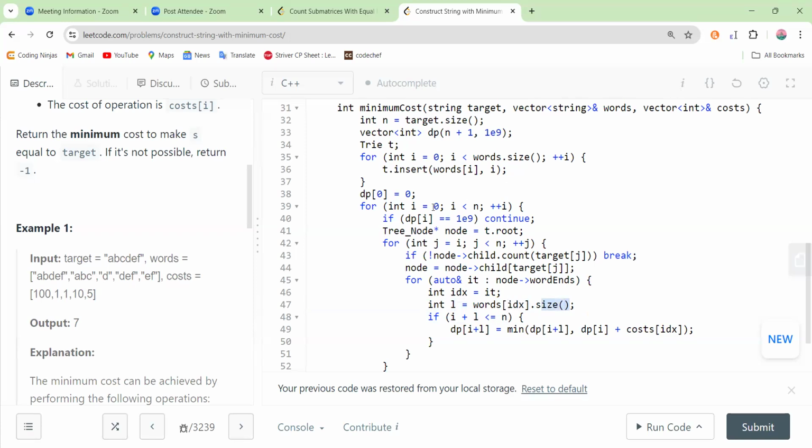So we started constructing from index i. This means that we already have an i length word, isn't it? Because this index i is 0 based indexing.